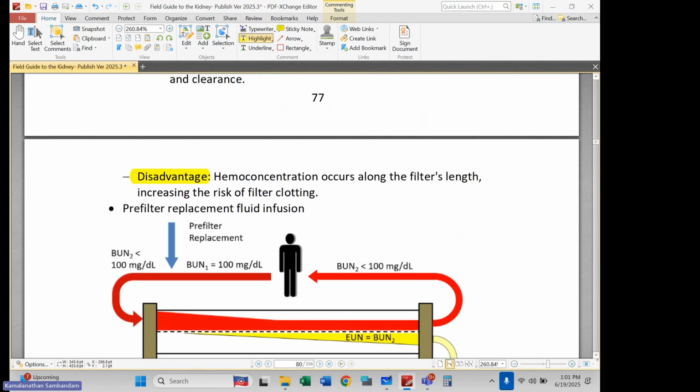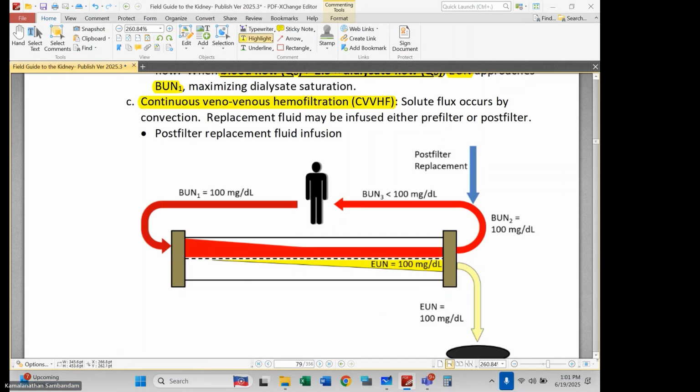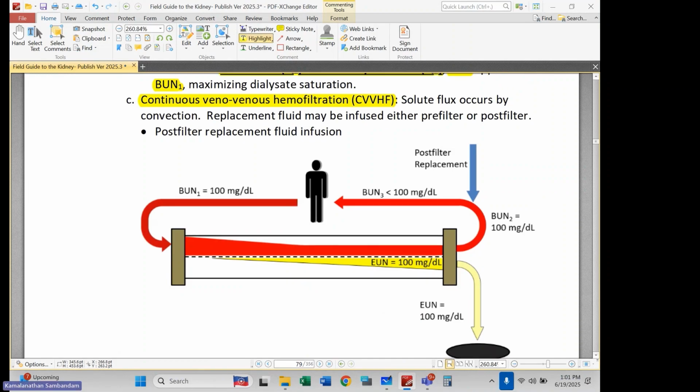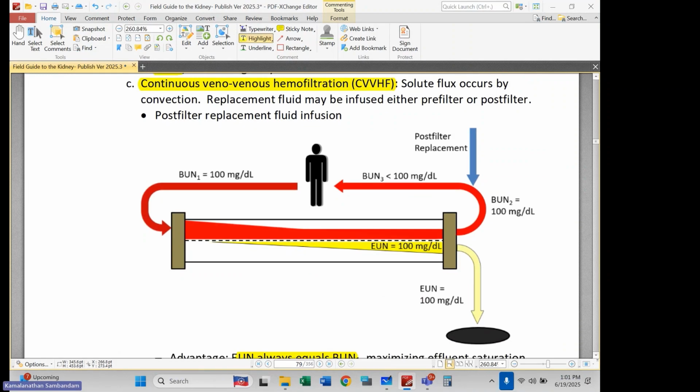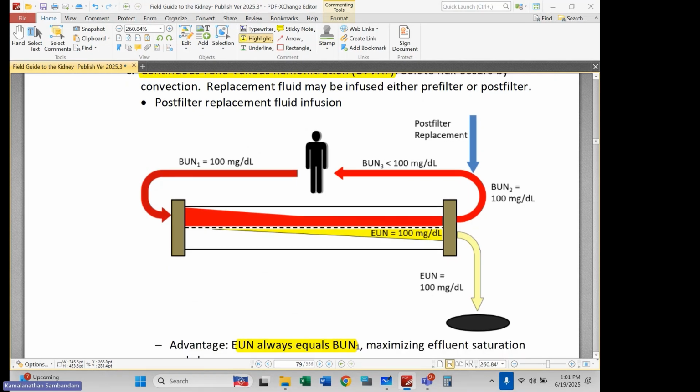You try to reduce that hemoconcentration by minimizing the filtration fraction. Filtration fraction refers to what proportion of the flow on this side is pushed across the membrane.